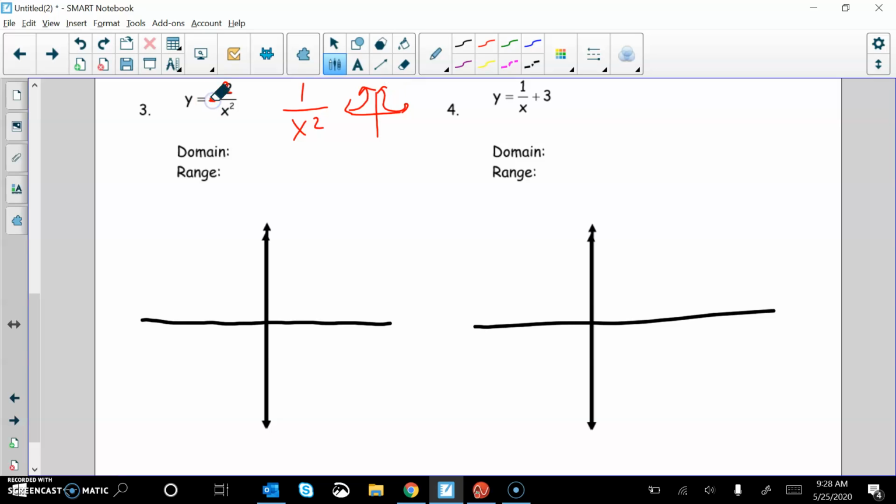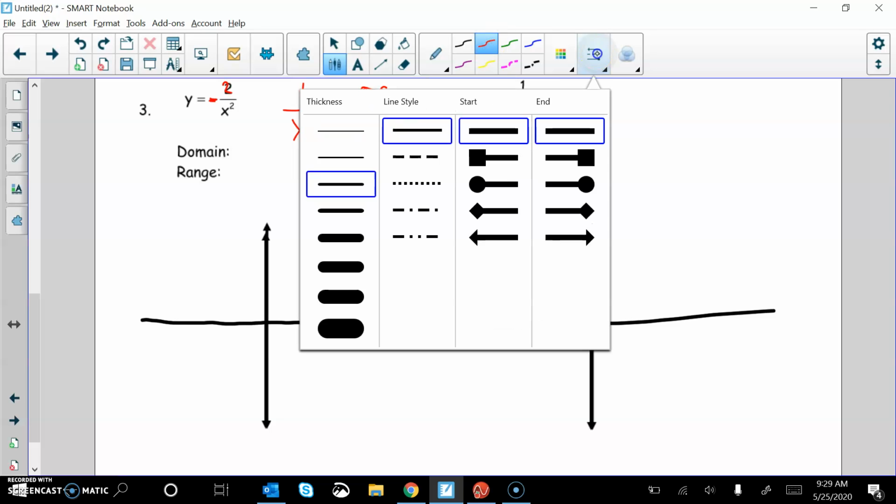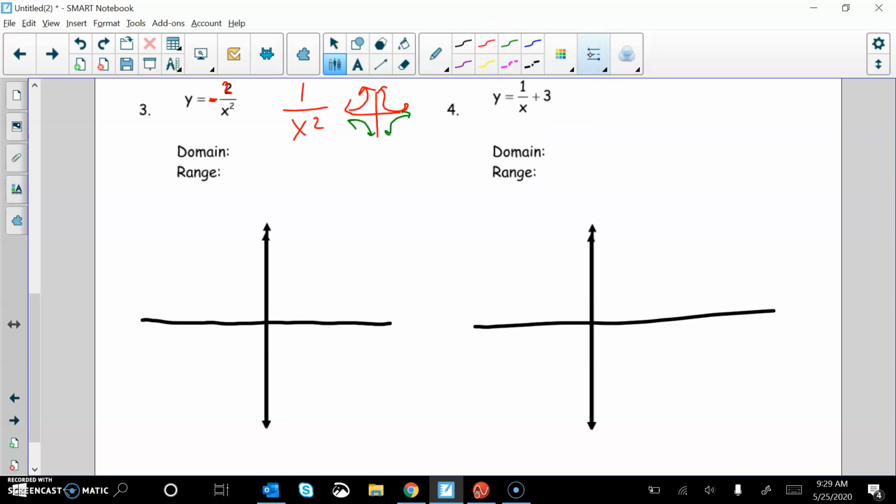This negative in front is going to reflect it downward. So it'll be like this instead. And that 2 is a vertical dilation. So all the y coordinates are going to be doubled. That's 2 times 1, this one that was on the parent function.